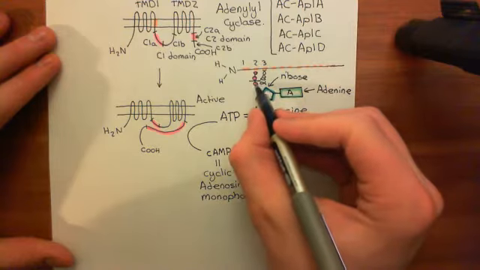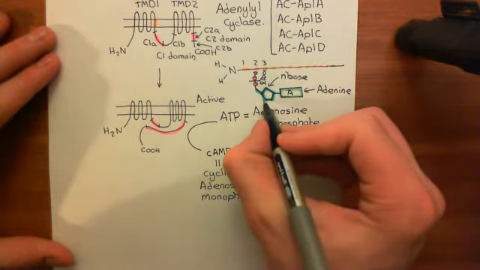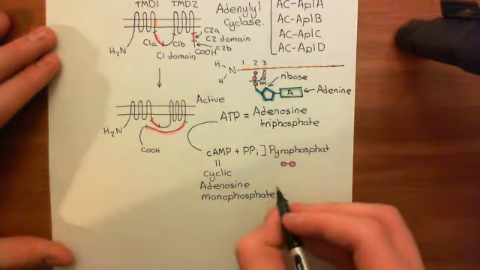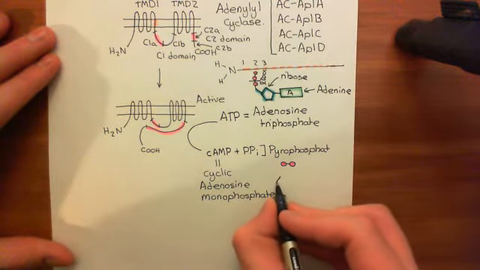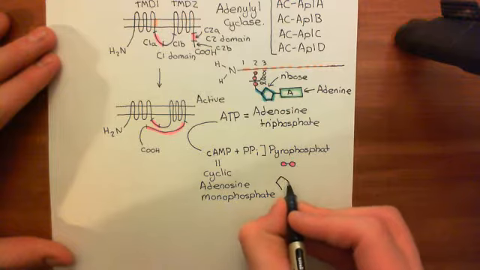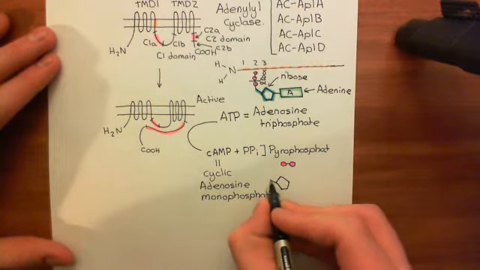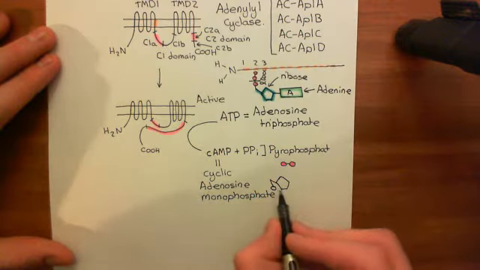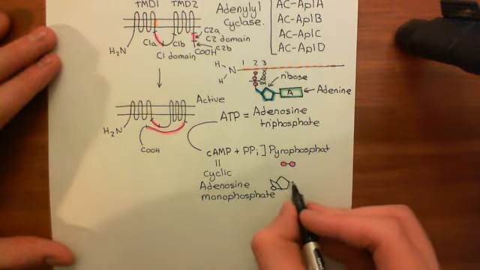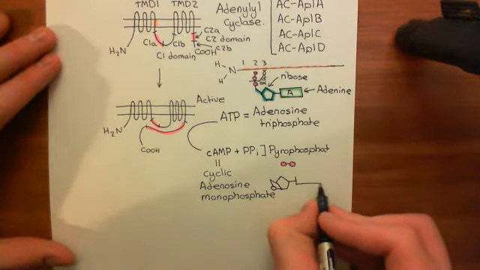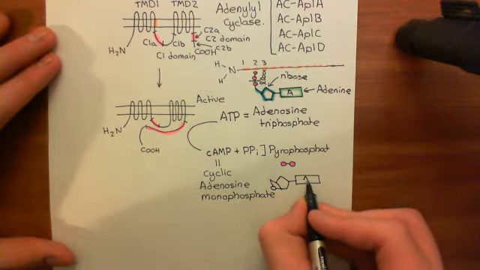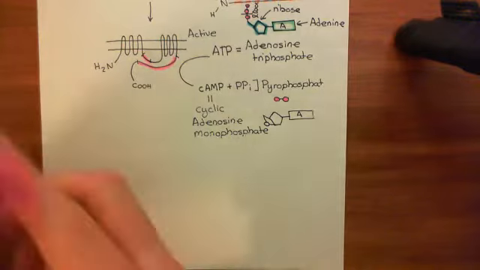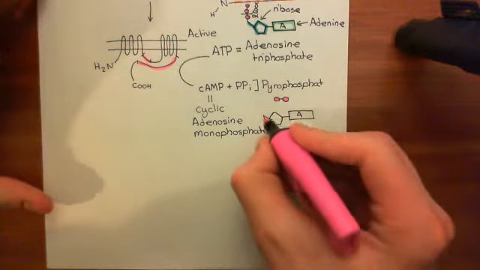So we need to bind this alpha phosphate to this third carbon's alcohol group here to create an extra cycle. So let me show you the structure of this. Here's the ribose sugar, here's the fifth carbon, and now the phosphate group coming off the fifth carbon is going to be bound to that third carbon down there to create an extra cycle within this structure, and that is now called cyclic adenosine monophosphate.